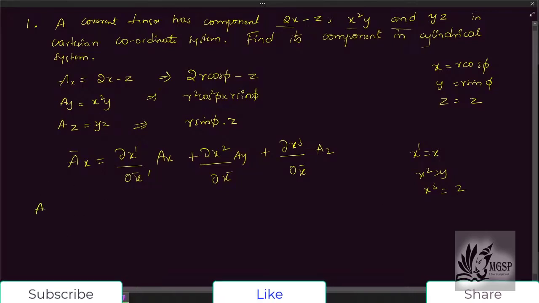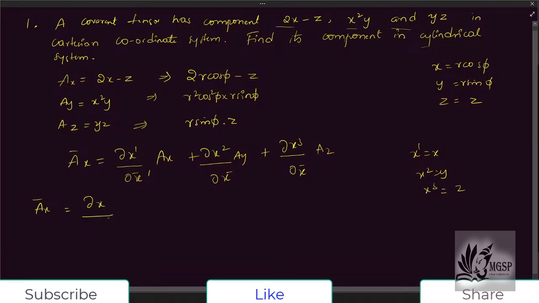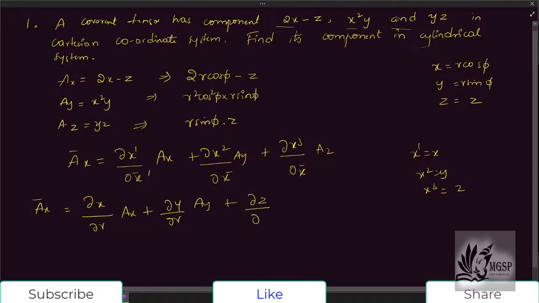Now write ax bar is equal to dou x by dou r ax plus dou y by dou r ay plus dou z by dou r az.